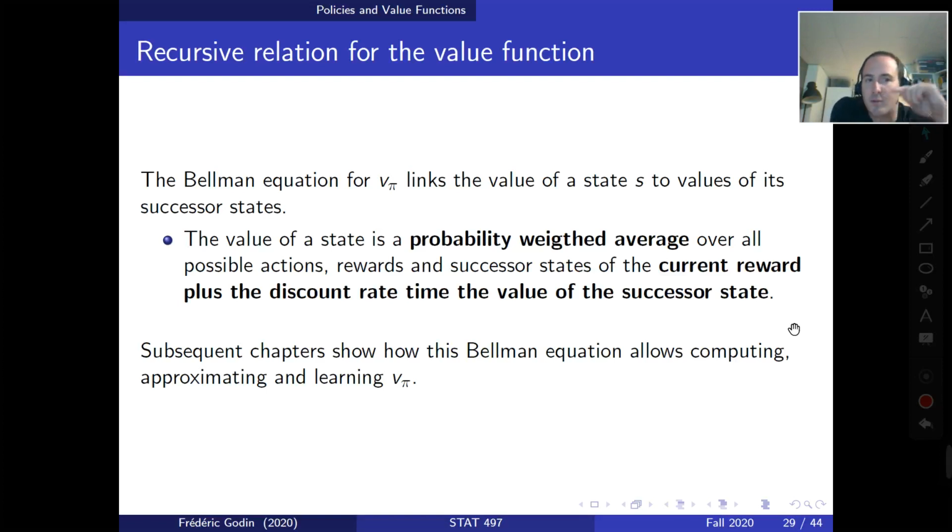Conversely, if you're likely to end up in states where you have a low value in the next step, it means that you're in a bad situation right now, and the value of your current state should also be low.